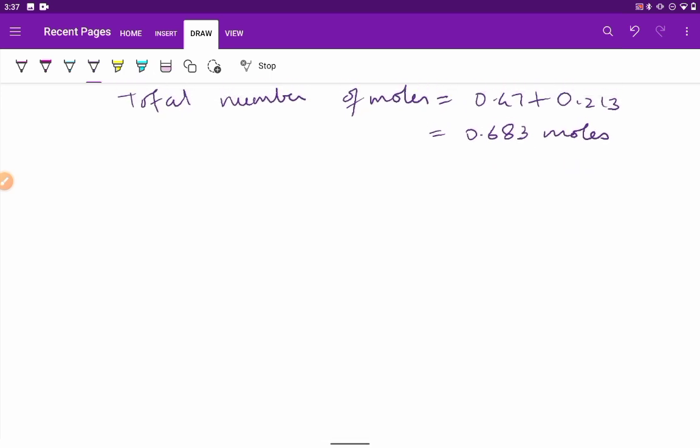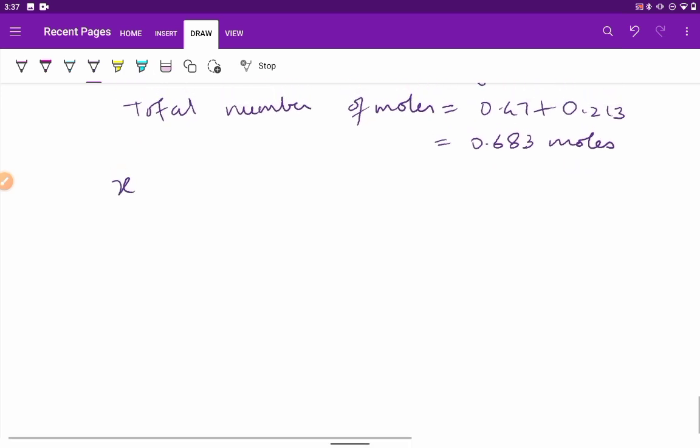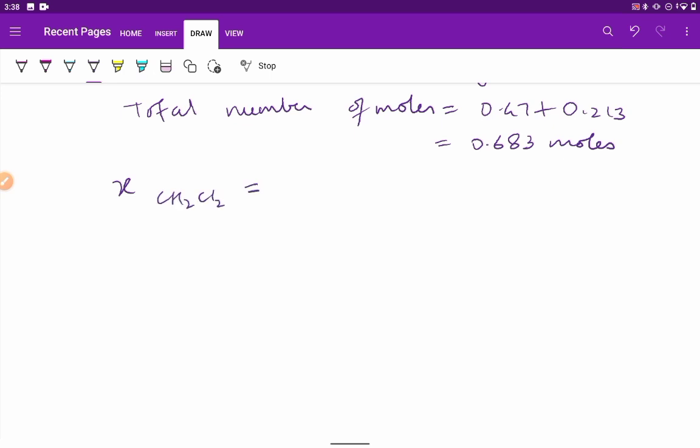Now mole fraction. First one for CH2Cl2, 0.47 divided by 0.683, 0.688.